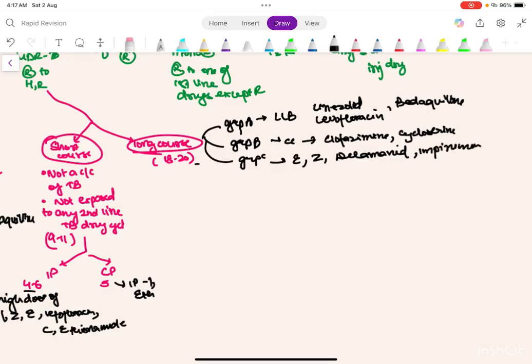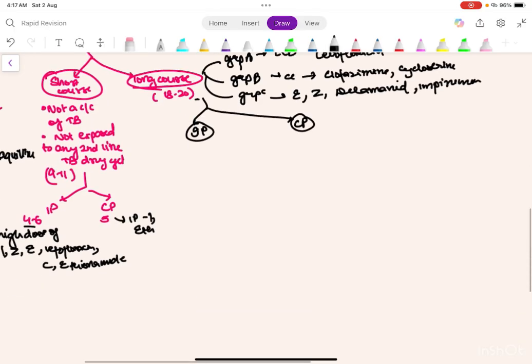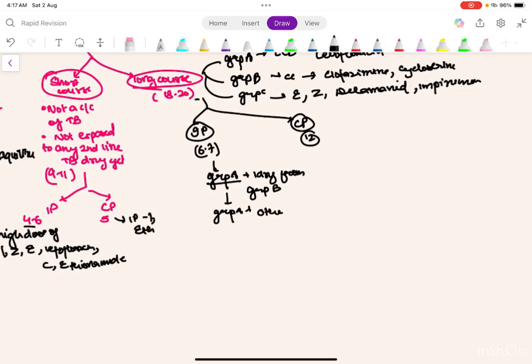Okay, now in this what happens is you again have intensive phase and continuous phase. Now this is of 6 to 7 months and this is of 12 months. So what you do is first you give group A plus one drug from group B, then you change it, so then you will take group A, then some other drug from group B. Okay, in continuous phase you stop the bedaquiline and you give a combination of LLC.